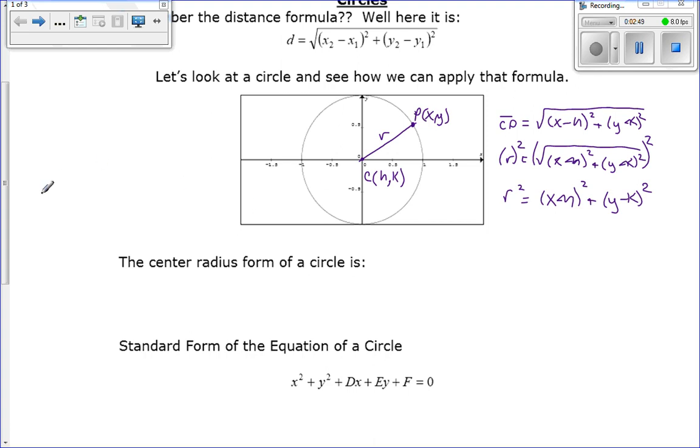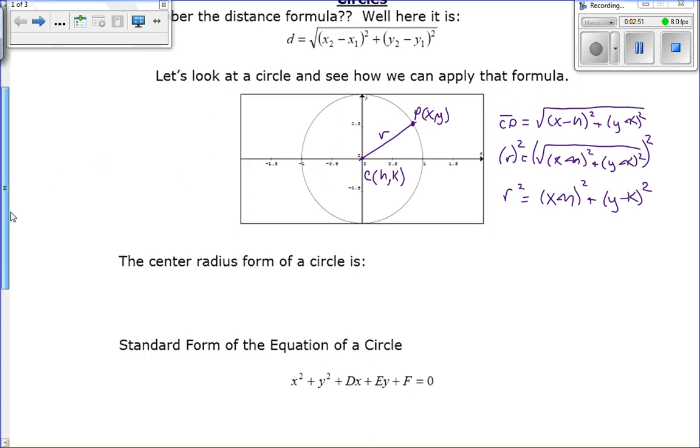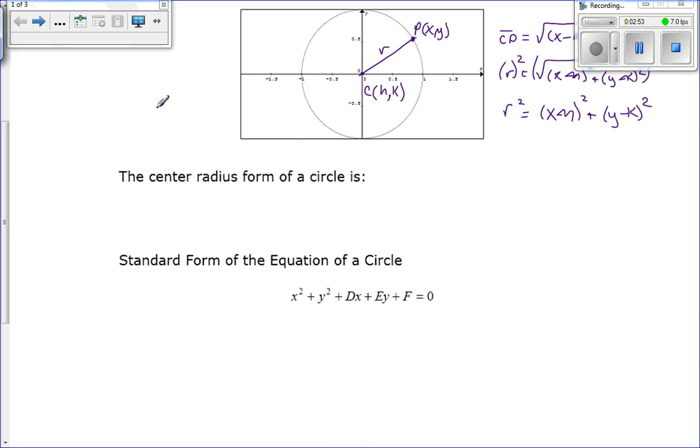Now, this circle happens to be centered at 0, 0. So for this one, the center is equal to 0, 0. That means that h and k, in this case, are both 0.